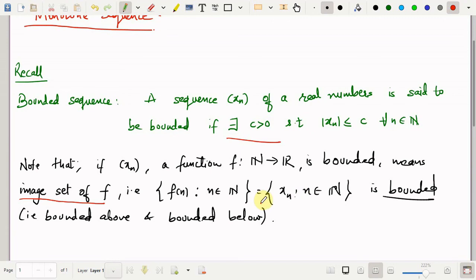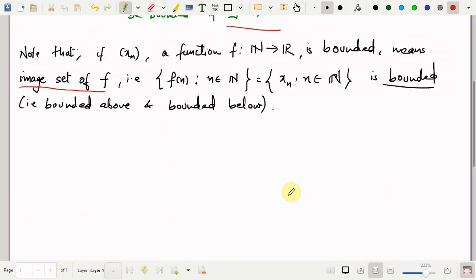Also, 'the given sequence xn is bounded below' means the set of the terms of the sequence is bounded below. Why do I call this the terms of the sequence? Because it contains all the terms: the first term, second term, third term, and it goes on.